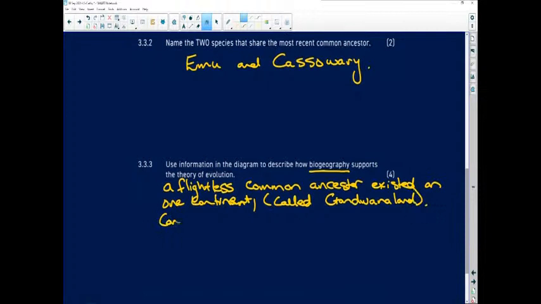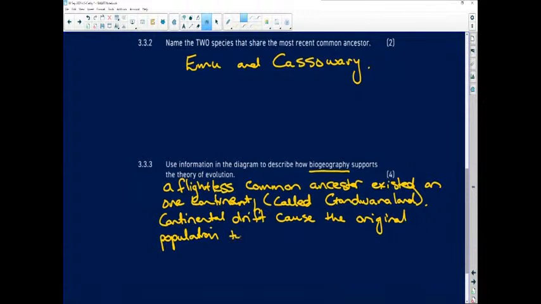Then continental drift caused the original ancestor or original population, which was the common ancestral population, to be split, okay? Separated by the ocean.